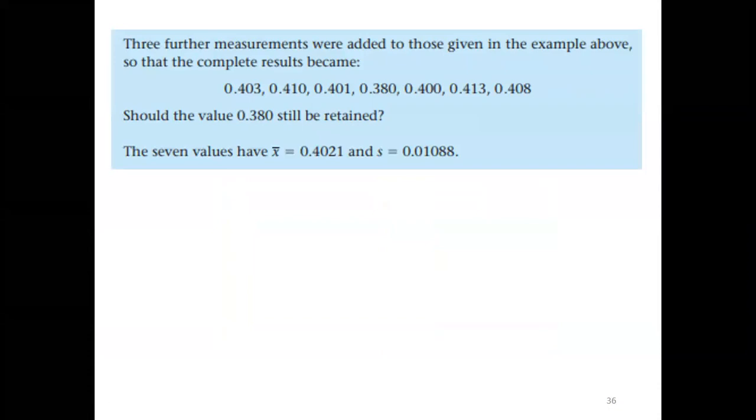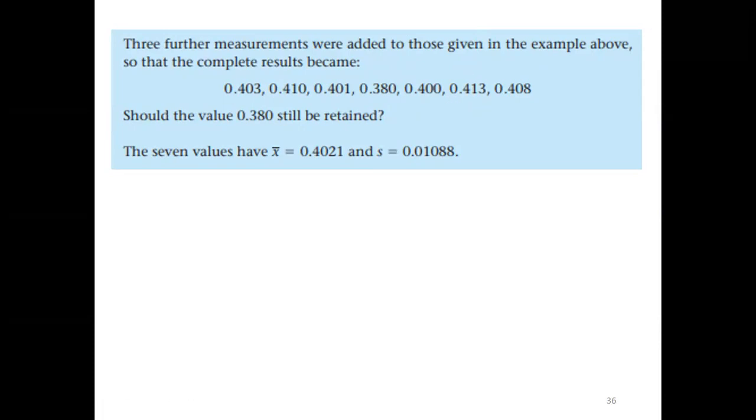Here in the question that we discussed earlier, there were 4 measurements. Now, for the same data, another 3 new measurements have been added. All the other 4 are the same, but here we have another new 3 measurements.